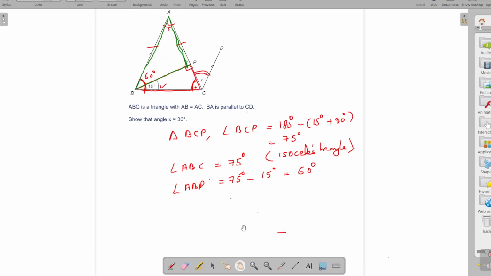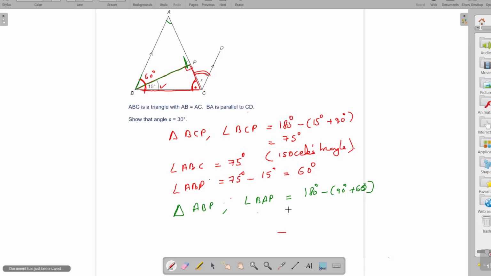So now we can take this triangle. We'll take triangle ABP, which is 180. So therefore we can find this angle. Now just drop these lines actually. Okay, we could find this angle. So angle BAP will be 180 minus 90 plus 60.